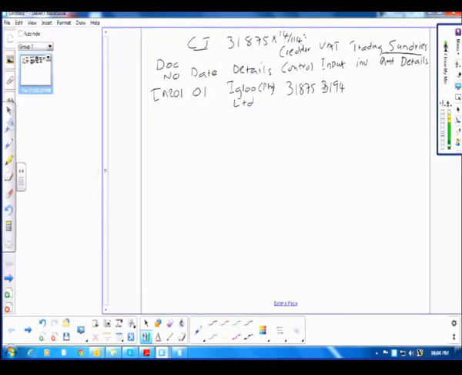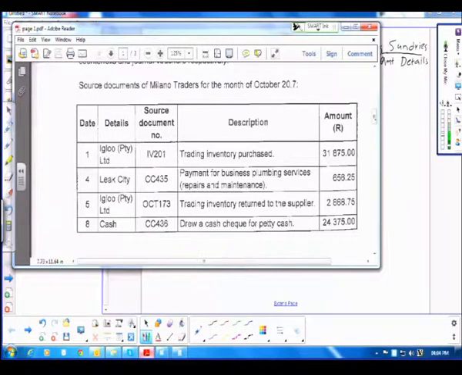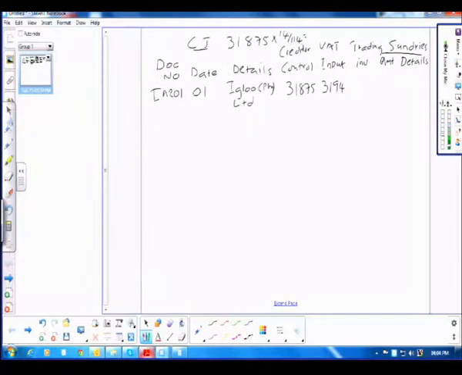And then the transaction says, what are we buying? We are buying inventory. So if we are buying inventory, then we must put the amount in the trading inventory column. In the trading inventory column, you take the difference between 31875 and 3914.